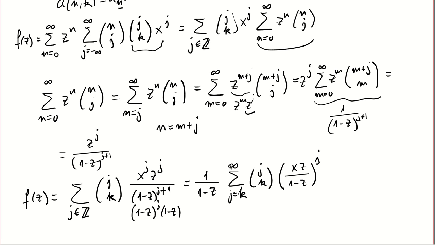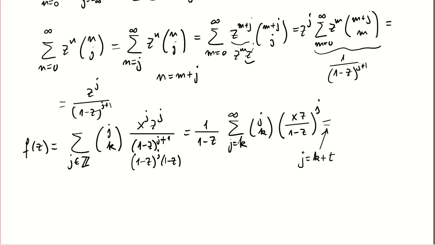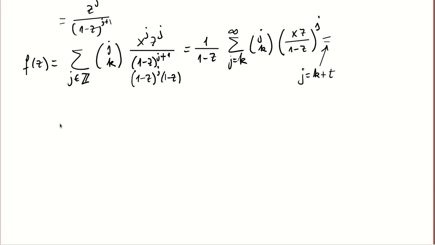Okay? And as we did before, j begins at k, so we can just replace j by k plus t, let's say. Let me just write it down here because there's more space. So we have here 1 over 1 minus z.